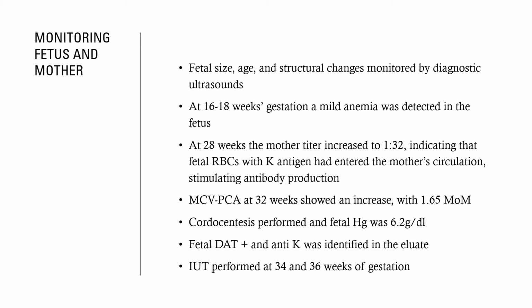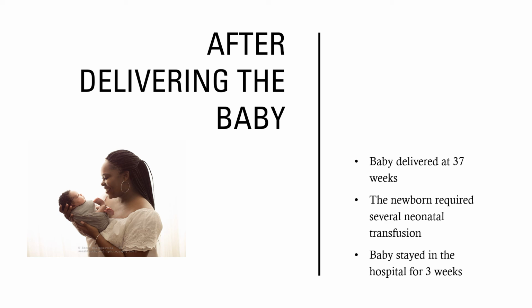So the baby needed an intrauterine transfusion at 32 weeks of gestation, and this IUT was performed again at 34 and 36 weeks of gestation. The baby was then delivered at 37 weeks, and he showed anemia and other problems related to HDFN.